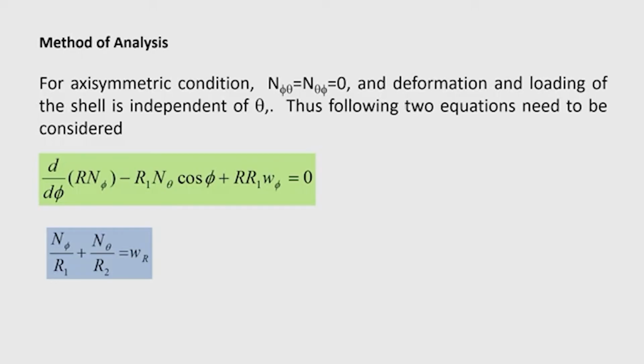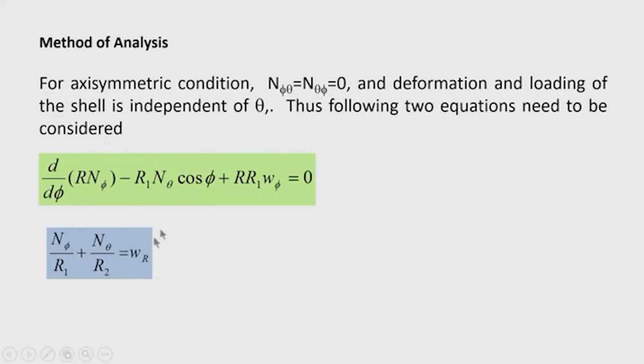W phi is the component of the load in the meridional direction and w r is the component of the load in the radial direction. By radial direction I mean the direction along the normal to the tangent at the point of the meridian.